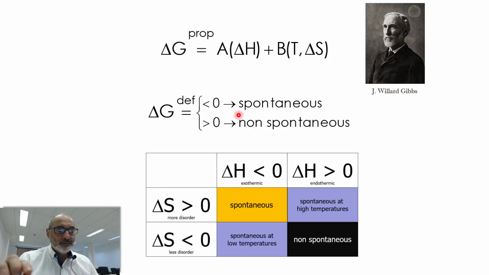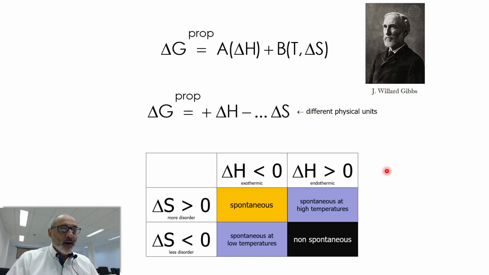So we're going to take these into account in the definition of this variable as proposed by Gibbs, and also we're going to try to harmonize this with our spontaneity table that we have already elaborated.